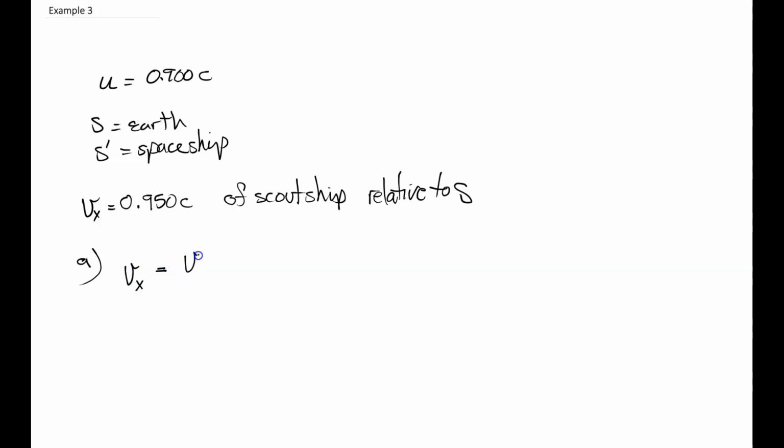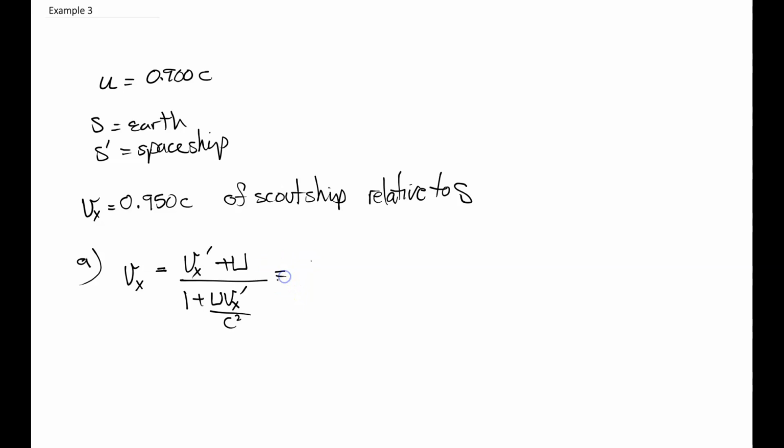Part A, we want to find the probe velocity, so Vx equals Vx prime plus U over 1 plus U Vx prime over c squared, where Vx prime is the speed relative to the spaceship.